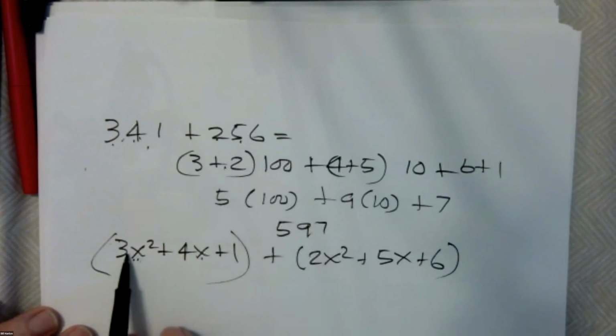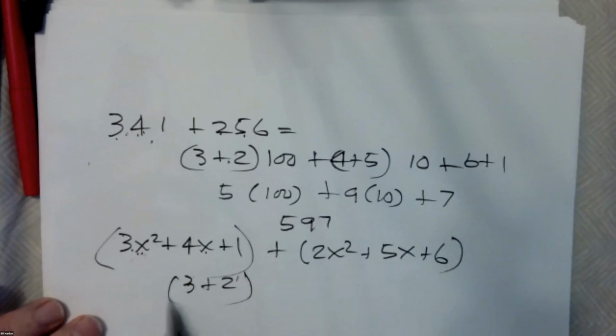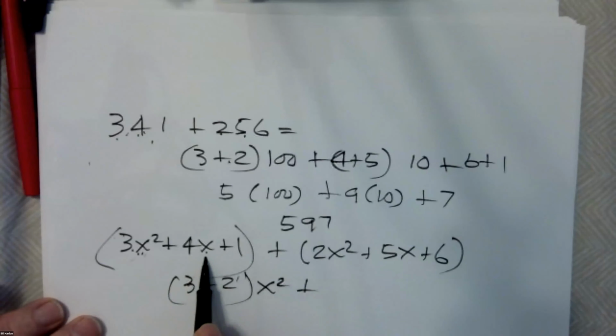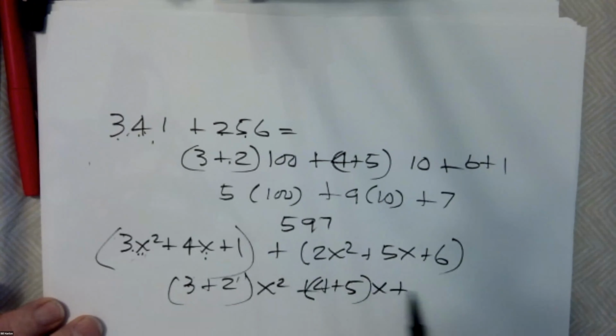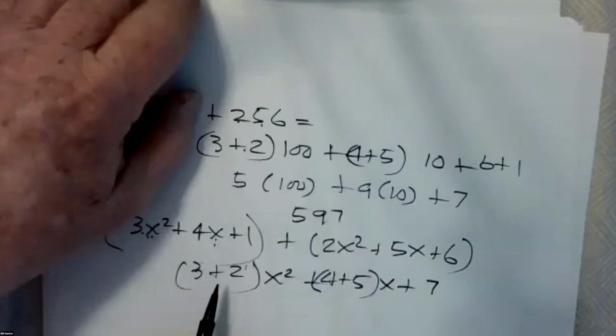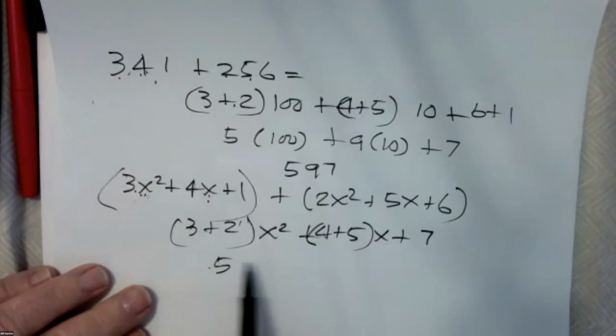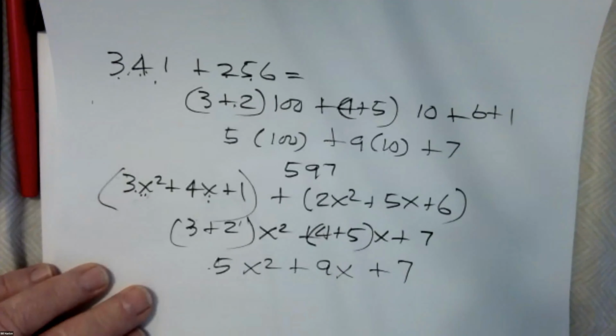So just like up here, I'm going to take my x squares and I'm going to have 3 plus 2 x squares plus 4 plus 5 x's plus 6 plus 1, which is 7. And when I rewrite that, that's going to become 5x squared plus 9x plus 7.